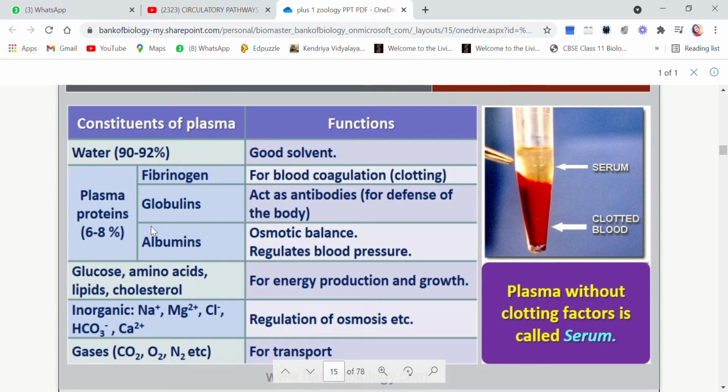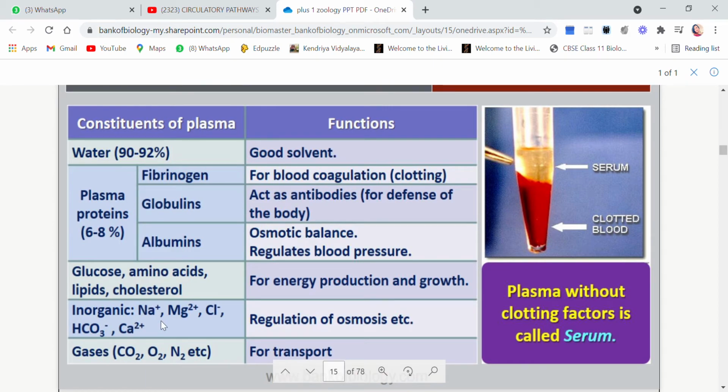The next constituents of plasma are glucose, amino acids, lipids, and cholesterol. All of them provide energy and growth. Inorganic substances like sodium ions, magnesium ions, chloride ions, bicarbonate ions, and calcium ions are also present, and they help in the regulation of osmosis. How?